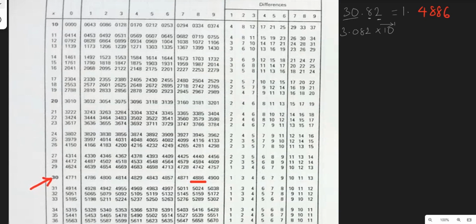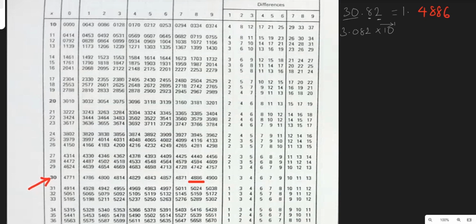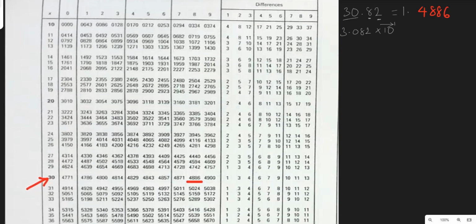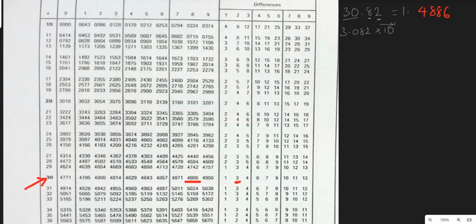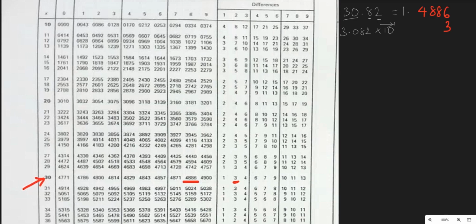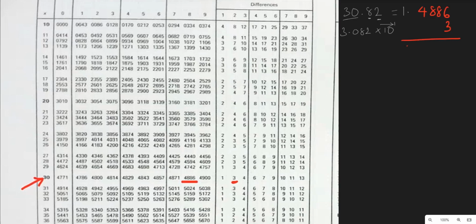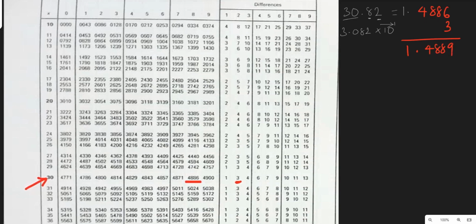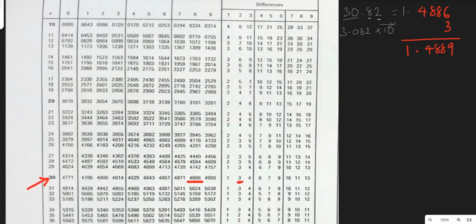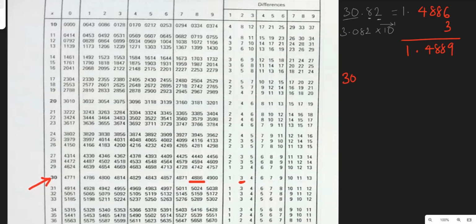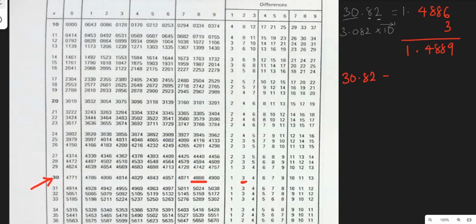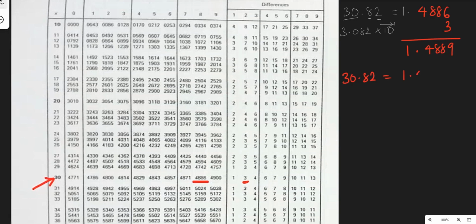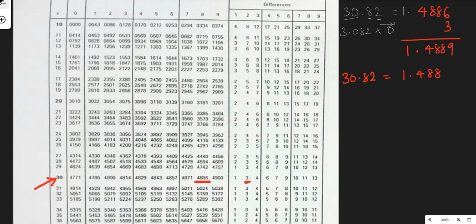Now I check, there's still a digit remaining, so I check the difference under 2, and I have 3. So I'm going to add these numbers together. I'm going to have 1.4889. Therefore, the logarithm of 30.82 is 1.4889.